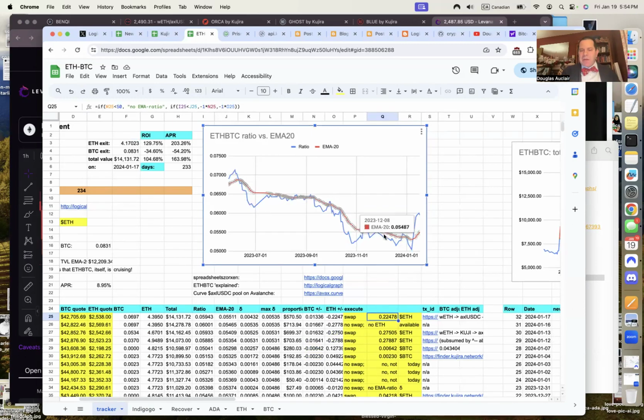Because when we get to ratios like back on December 1st, the difference between these two ratios was small, so it would behoove me to trade only a little bit of Bitcoin to buy a little bit of Ethereum, because the difference between Bitcoin's higher value and Ethereum's undervalued position was a small gap.